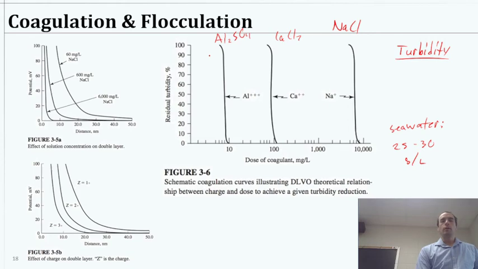And then aluminum here, which happens to be very easy to precipitate with some pH changes, is actually really nice, because that's going to be 10 milligrams per liter of our aluminum can give us our reduction. So it's very common to use aluminum, sometimes iron, Fe3+, as our coagulant, in part for this reason right here. We don't have to add a whole lot of it, and it's really easy to get our destabilization.